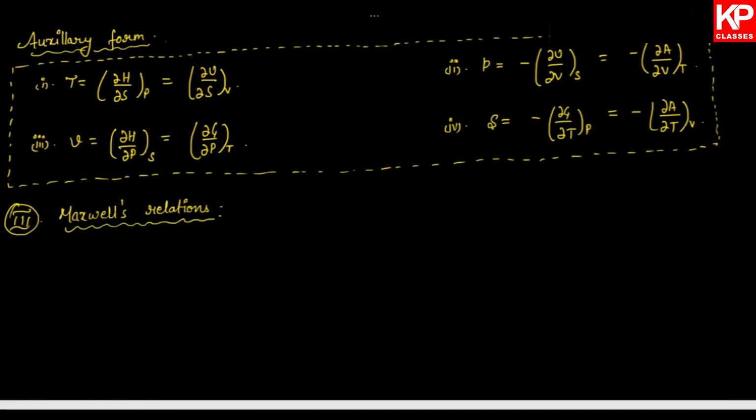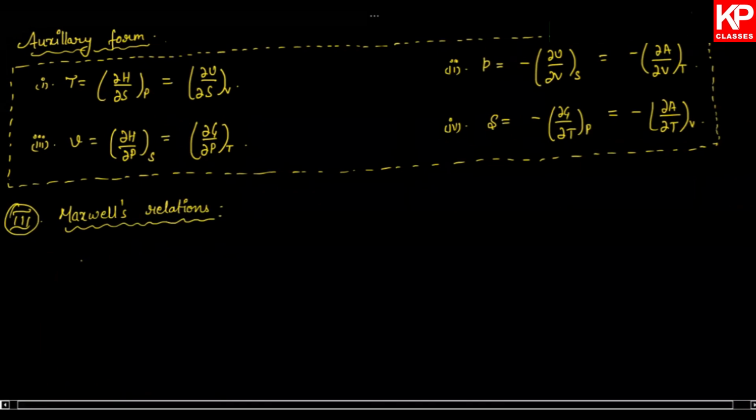As we have already seen the four equations that we derived in the differential form, I'm just writing them here again. The first expression was dU equals TdS minus PdV, and similarly for enthalpy, dH equals TdS plus VdP.